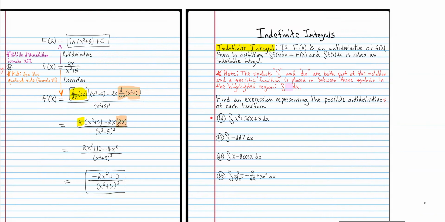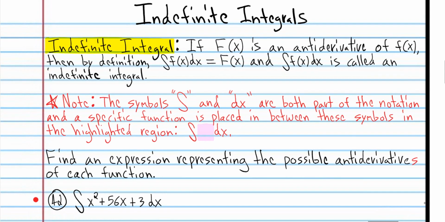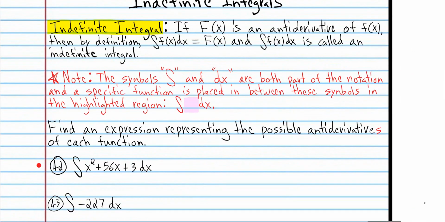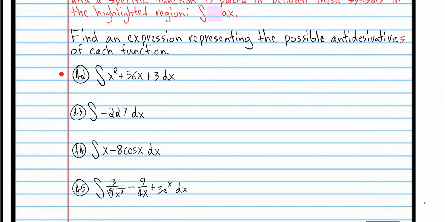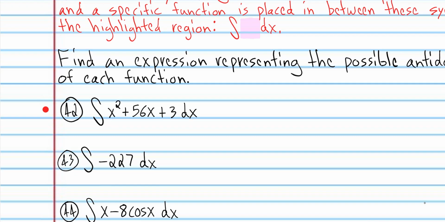Now we're going to learn something called indefinite integrals. Without going into all of this stuff here, I'm just going to show you very simply what this means. You can obviously get a picture of this for your notes later on at the end of the class. We've been finding the antiderivative of a function, but we have not been using the typical notation that you use to find the antiderivative.